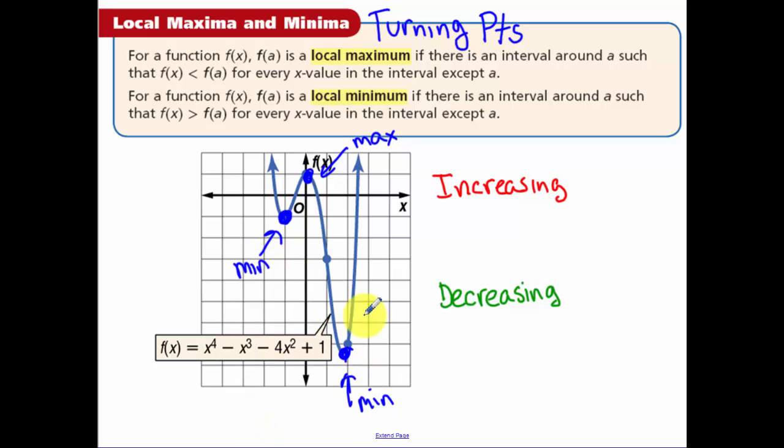So you read a graph like you read a book from left to right. So here, start from there to there. We are decreasing. Then I start increasing again because I'm going up.